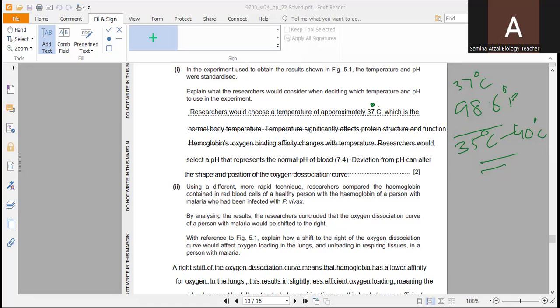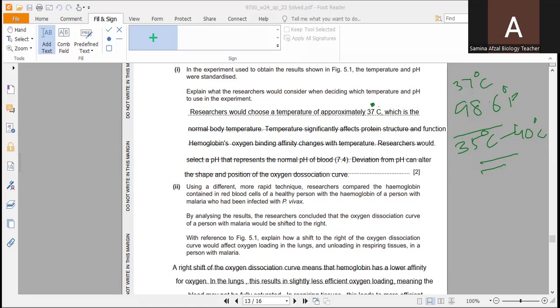It will also affect the hemoglobin molecule and its ability to bind oxygen. Deviations from this physiological pH can alter the shape and position of the oxygen dissociation curve. For instance, a lower pH would shift the curve to the right, indicating a reduced oxygen affinity.